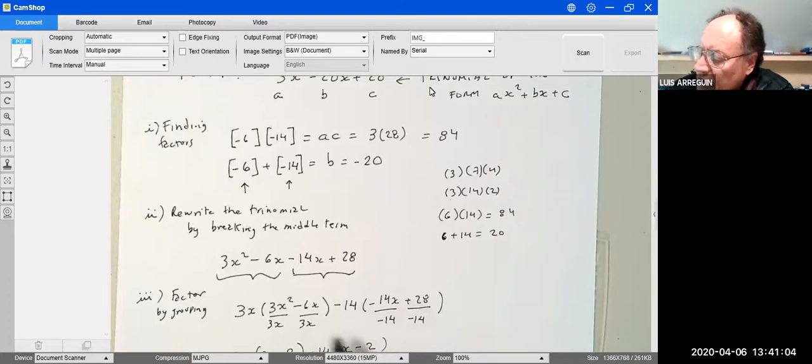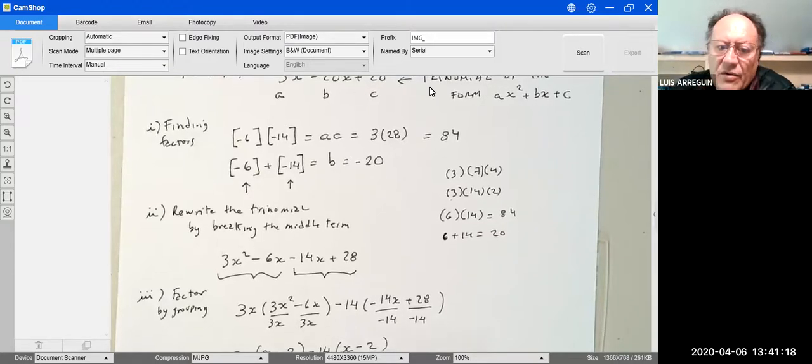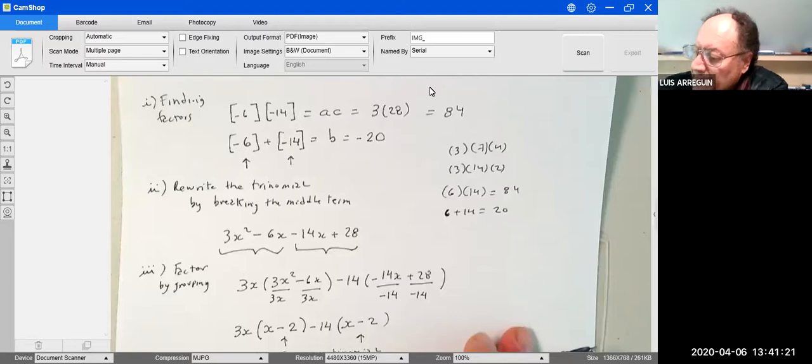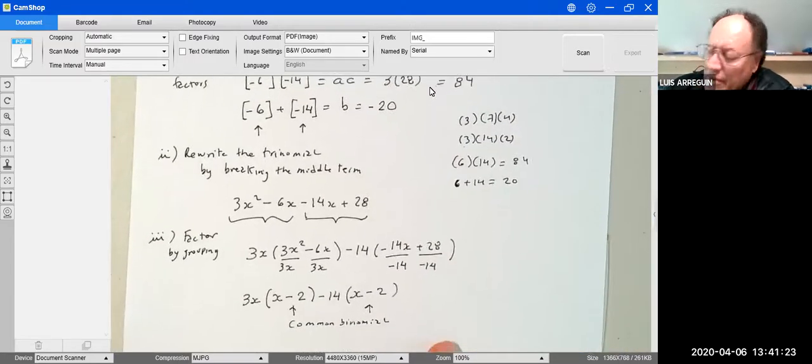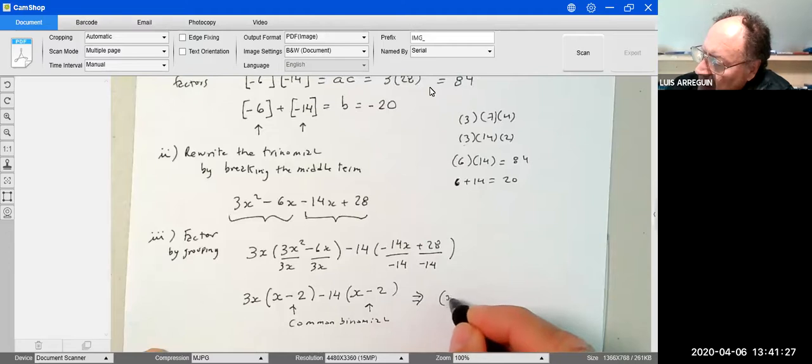The important thing when you are doing factoring by grouping is that you get the same binomial multiplying two different factors. So this is my common binomial. If you don't get these two parentheses the same, then you made a mistake and you need to start over again. So I get my common binomial, and the answer is writing that common binomial.